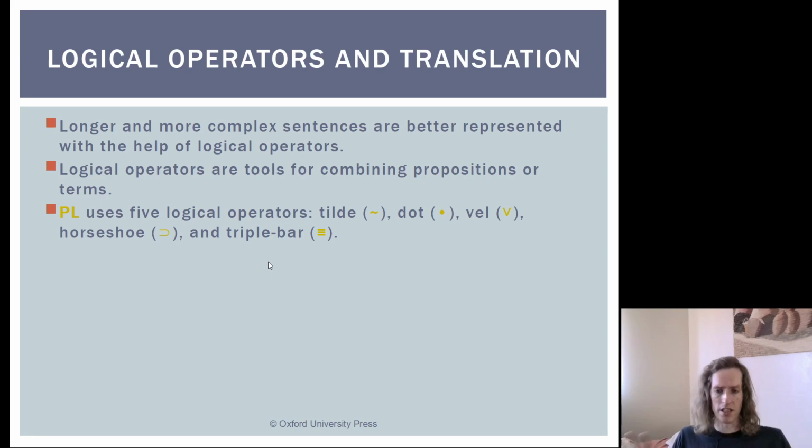So we start with a simple sentence like "it is snowing" or "apples are red," and we can use just a standard uppercase letter to indicate that, but we can build out more complicated sentences using operators. We're going to be using 5 operators here in propositional logic. The first is the tilde, the dot, the vel, the horseshoe, and the triple bar. And these will all have meanings that we'll discuss.